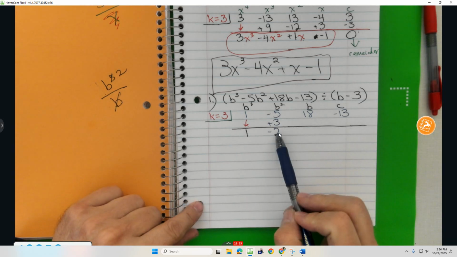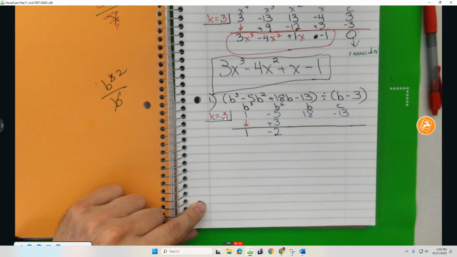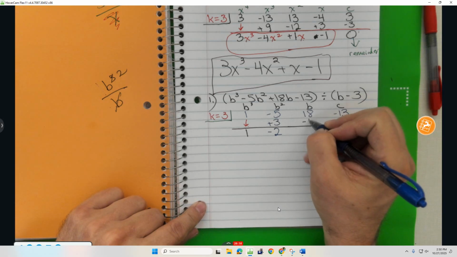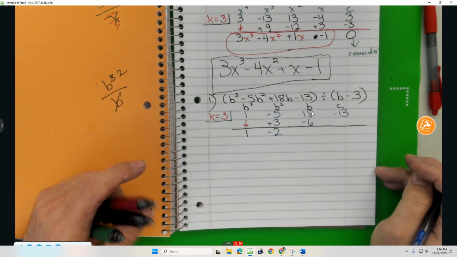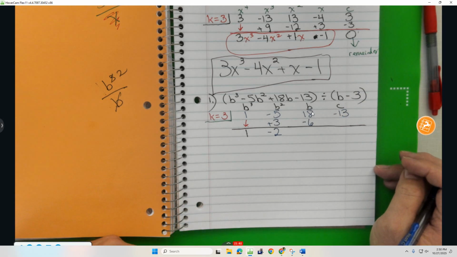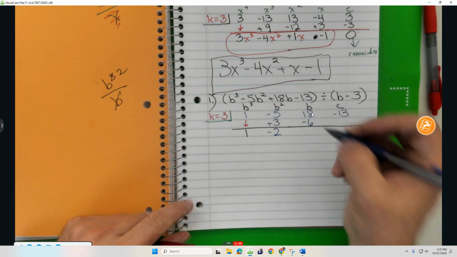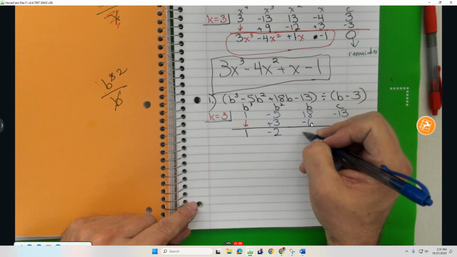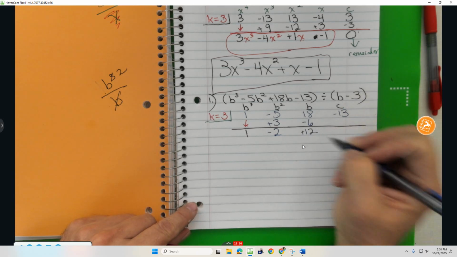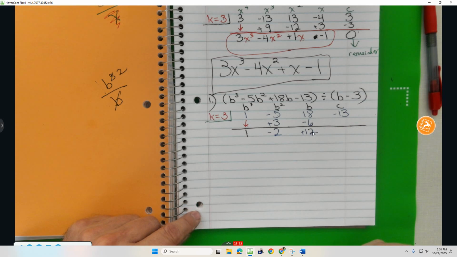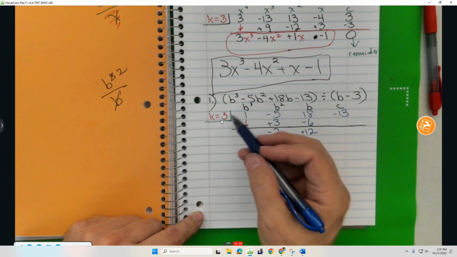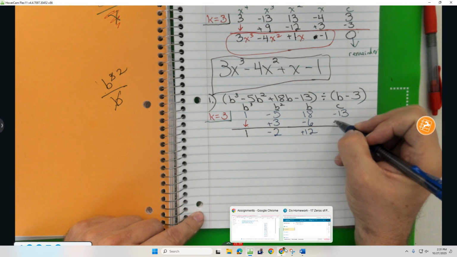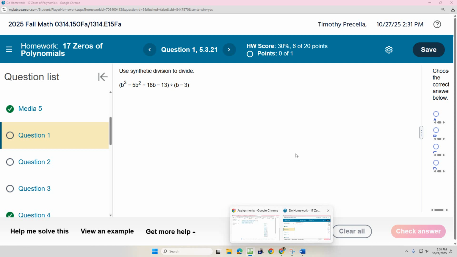You take the negative 2 times 3. That gives you a negative 6. And then? Okay, 18 minus 6 gives me a positive 12. Next? 12 times 3 gives us a positive 36. Ooh.